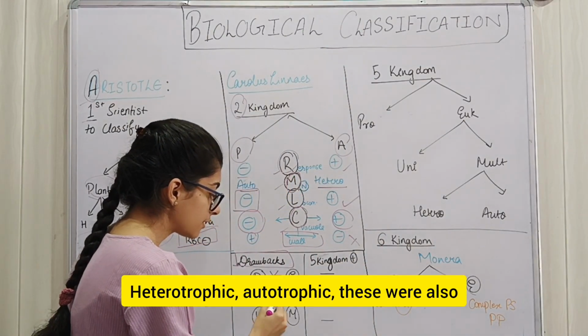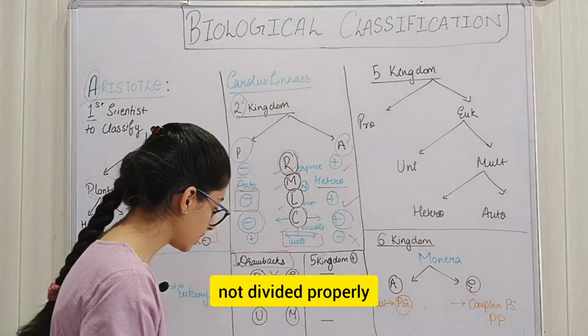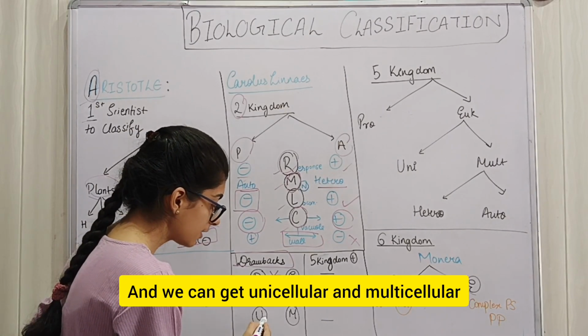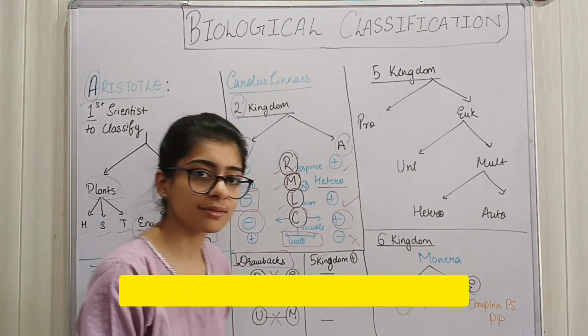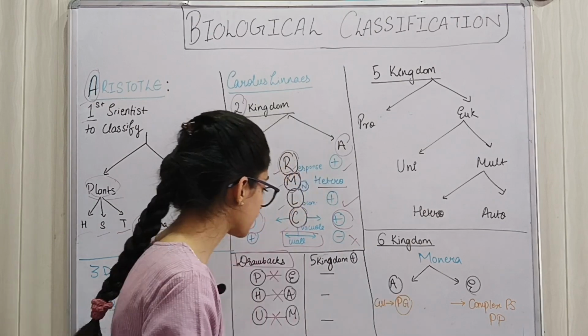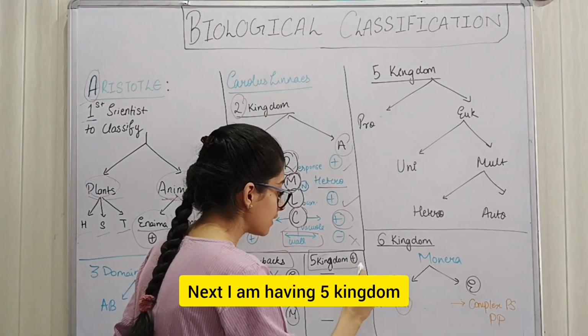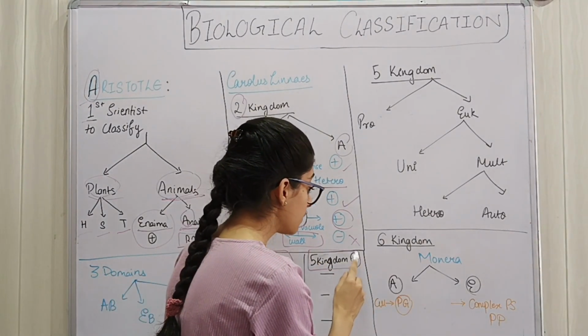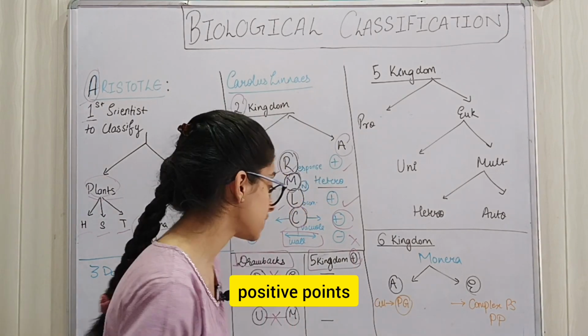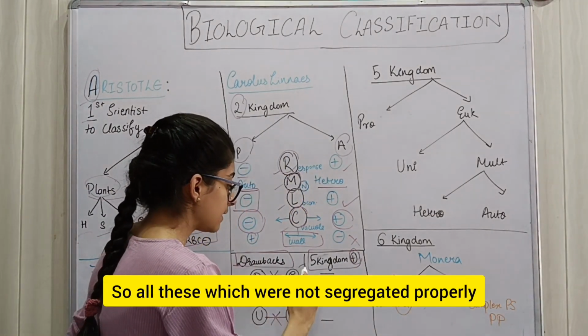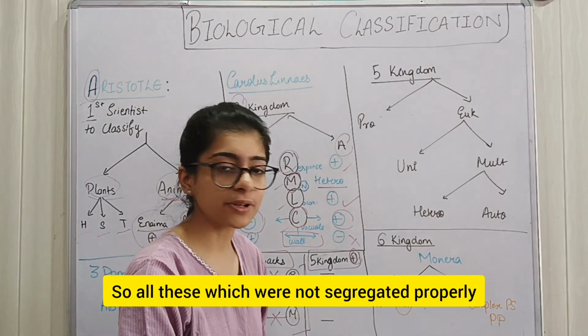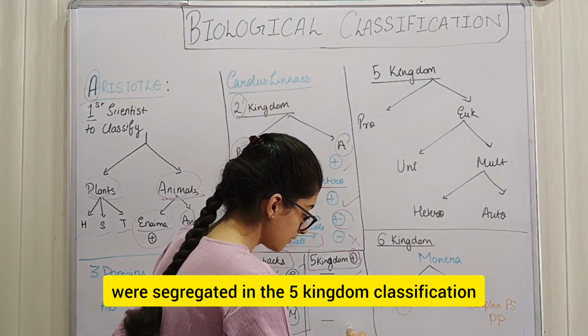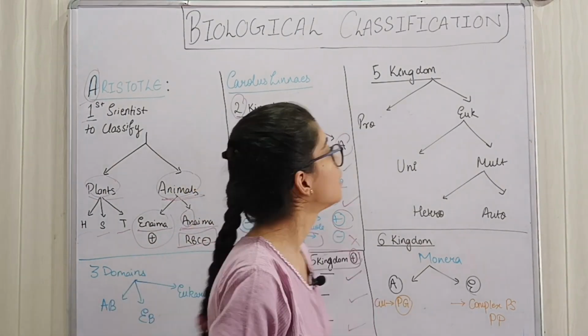Heterotrophic, autotrophic, these were also not divided properly. And we can get unicellular and multicellular. These were also not divided. Next, I am having five kingdom classification, five kingdom positive points. So, all these which were not segregated properly were segregated in the five kingdom classification.